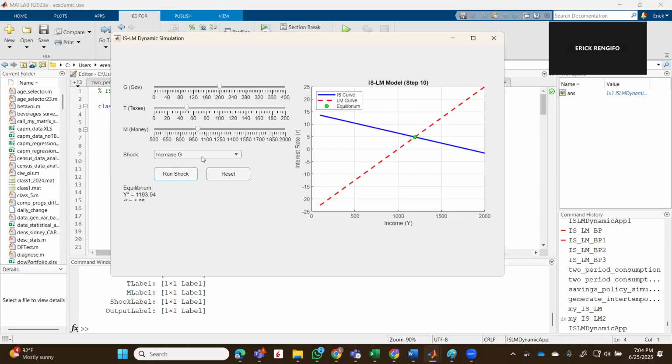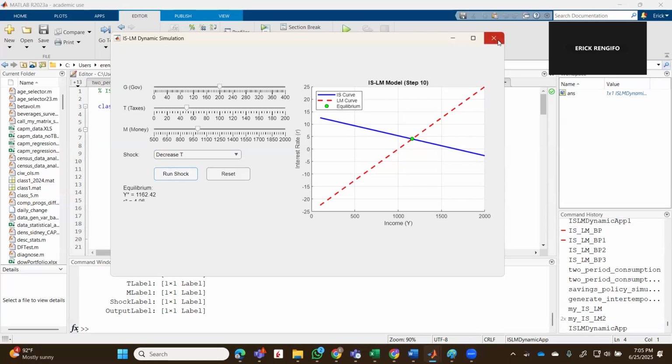Make sense? So I can do another shock. I can decrease my taxes. When I decrease my taxes also, the IS curve is going to start increasing, etc. So you can do that, and then you have some results here, etc.